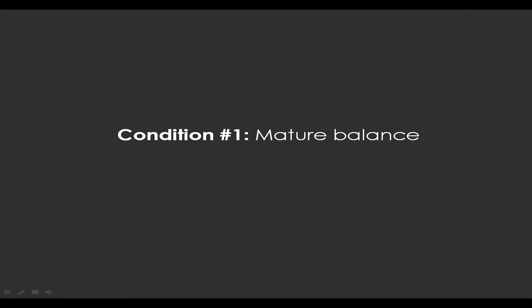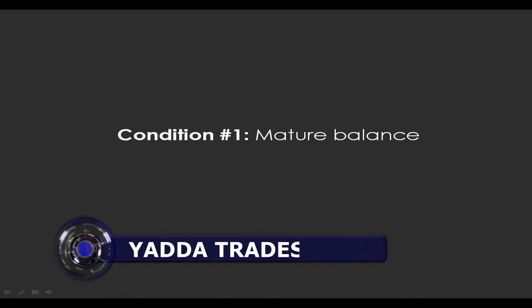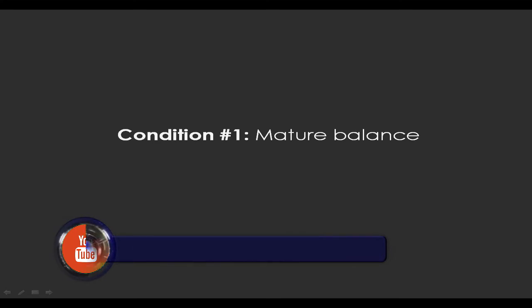Now, the longer or more mature the balance, the higher the odds of a trend, and a bigger trend at that. So let's jump into the charts and see if in our current market prep we have this condition satisfied, and we'll also see some other examples of different types of balances.